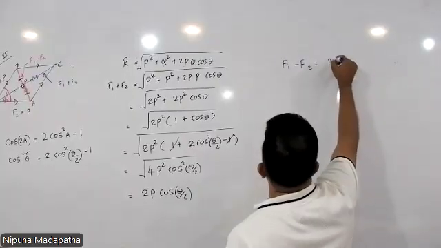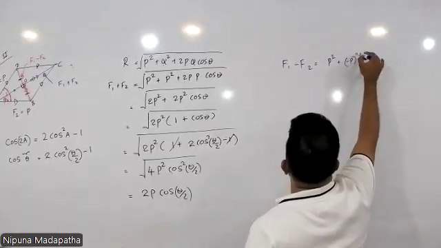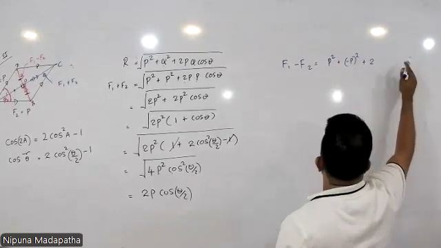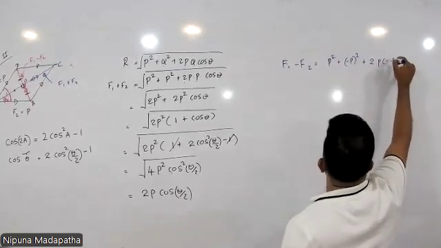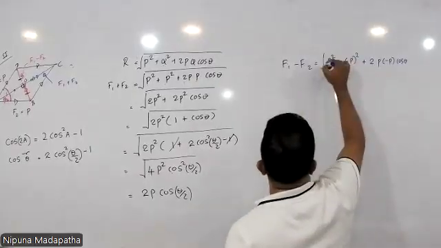So we get the square root of p squared plus q squared, where q is minus p, plus 2 p q, where p q is minus p cos theta.